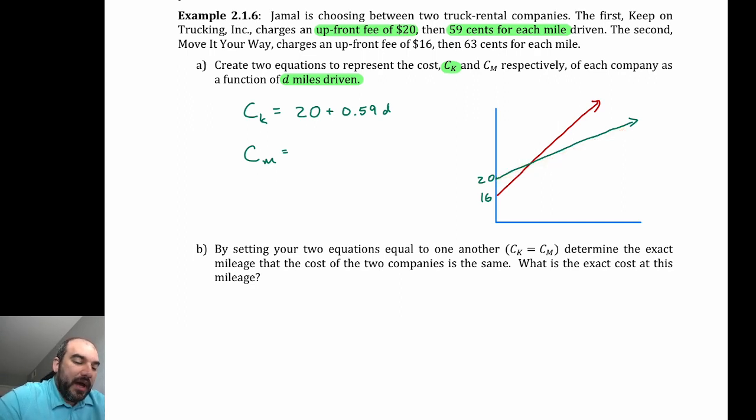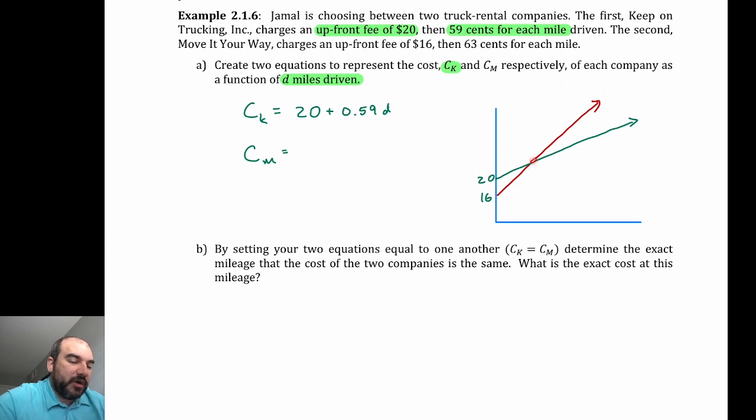So then in the beginning, obviously for this area here, you pay less with the red company, right? With the red line company, because it's lower than the green company. But then at a certain point, there you would pay the same, and you're trying to find that distance D in part B, where they intersect.